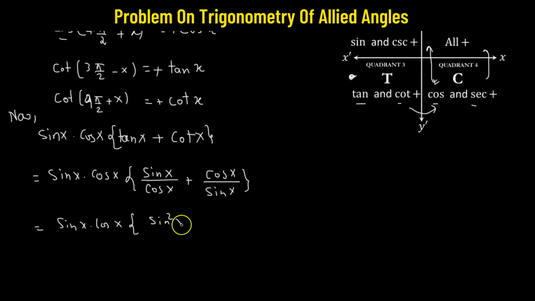So we're going to get sine squared x plus cosine squared x in the numerator, and in the denominator we have cosine x times sine x. Now the sine x times cosine x outside and the denominator cosine x times sine x get factored out to leave us with 1. And also sine squared x plus cosine squared x is a standard identity with a value of 1. That means the final value is going to be equal to 1.